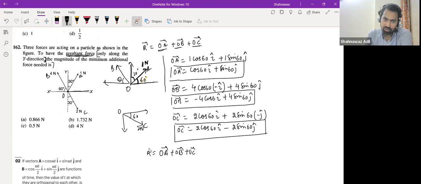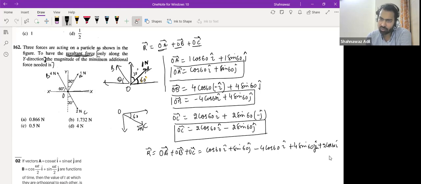So just plug in the values and we will get the result. So the resultant would be cos 60 i plus sin 60 j, minus 4 cos 60 i plus 4 sin 60 j, and then plus 2 cos 60 i minus 2 sin 60 j.